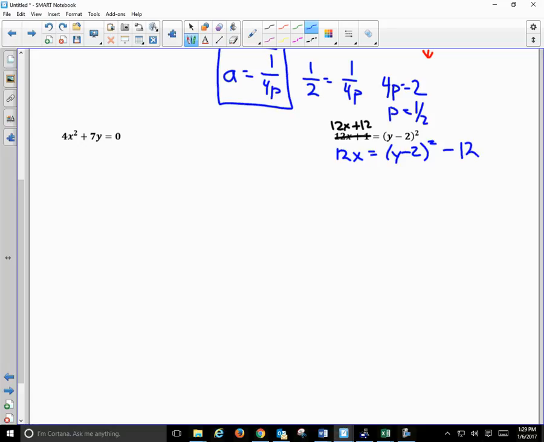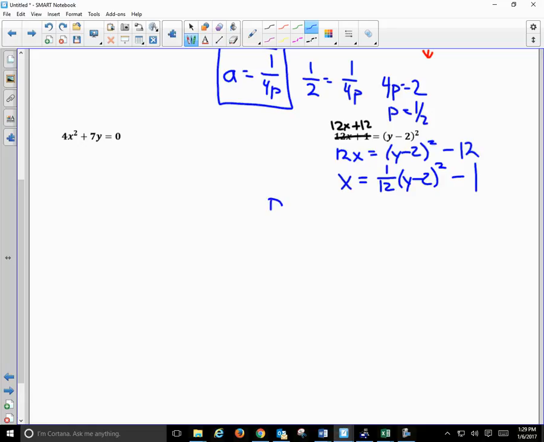Then what? Divide by 12 or multiply by 1/12. We get x is equal to, I'm not going to write y minus 2 quantity squared over 12. I'm going to write 1/12 times y minus 2 quantity squared. That way I can see my a value a little bit more easily. I have to divide the 12 by 12 and I get 1.